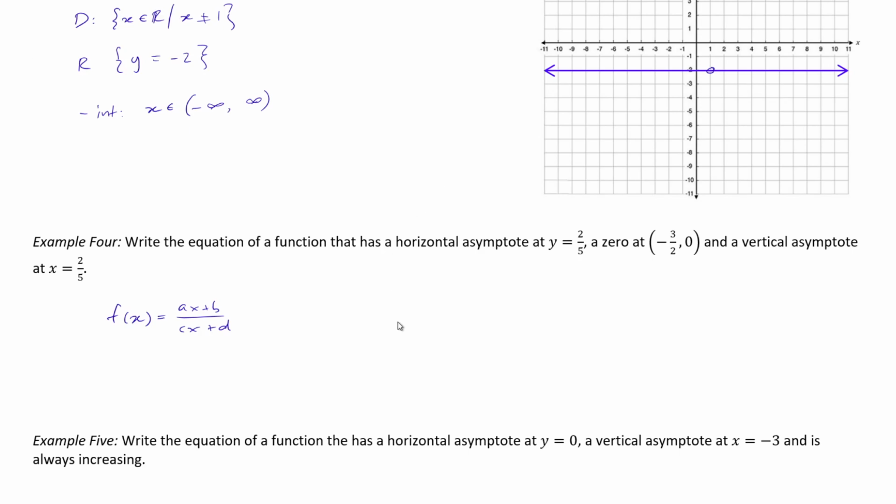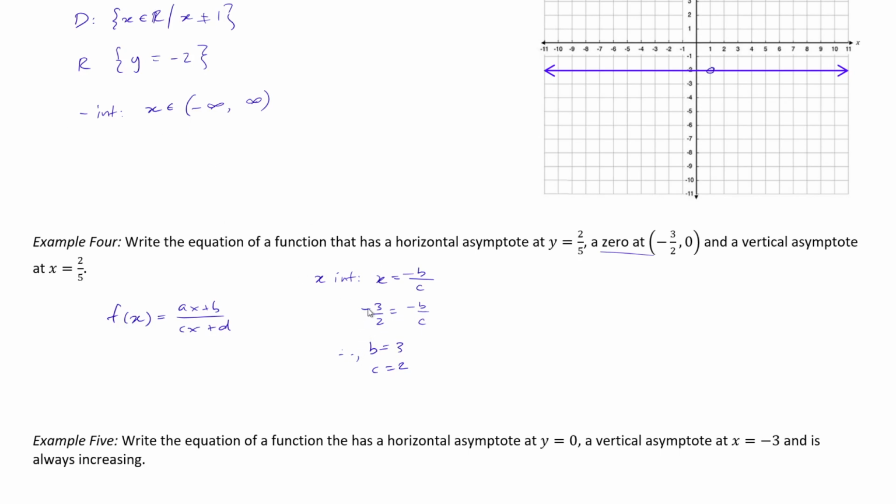If I have a zero, remember that your x-intercept is given by x equal to negative b over c. So if my zero is negative 3 over 2, then negative 3 over 2 is equal to negative b over c. Therefore, b is equal to 3 and c is equal to 2.